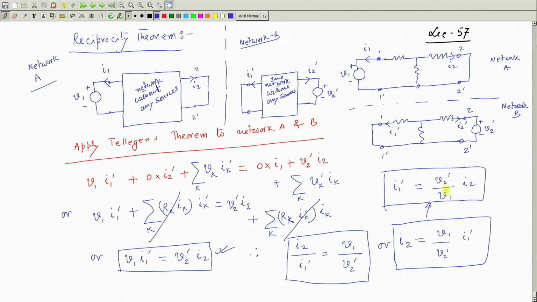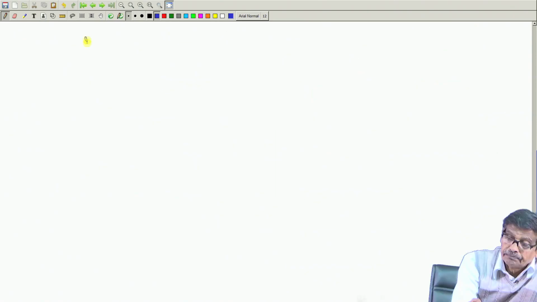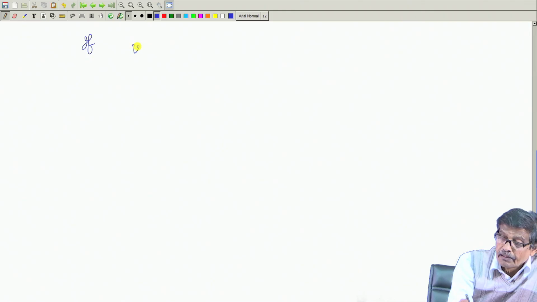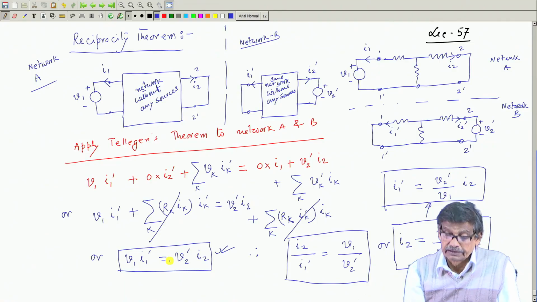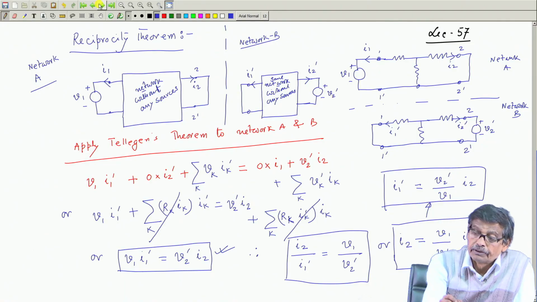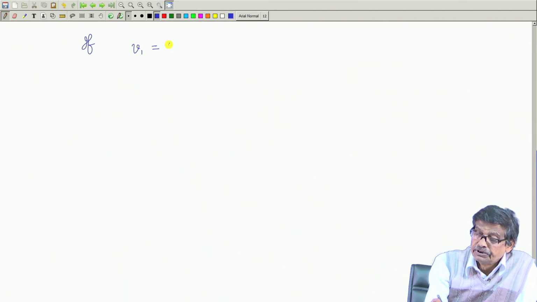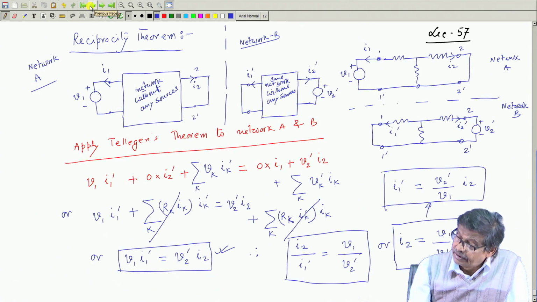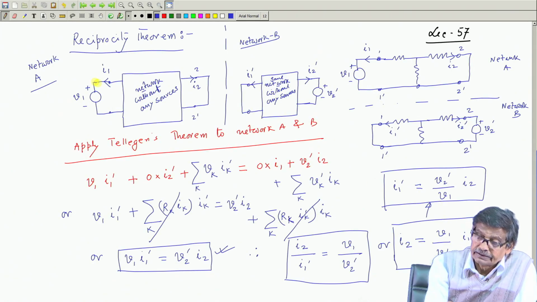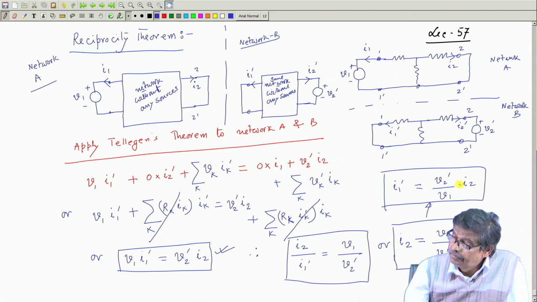If these two voltages happen to be the same, that is, V1 is equal to V2 dashed, as a special case, then we note that I1 dashed, this current, will be the same as I2.